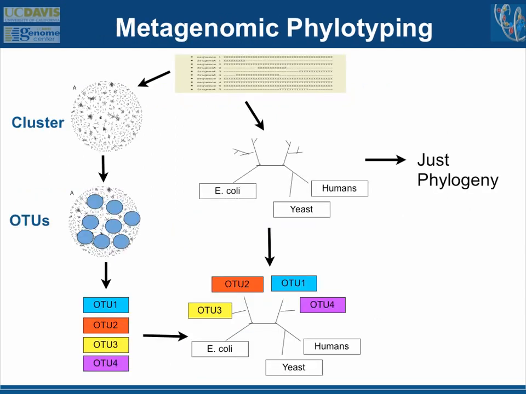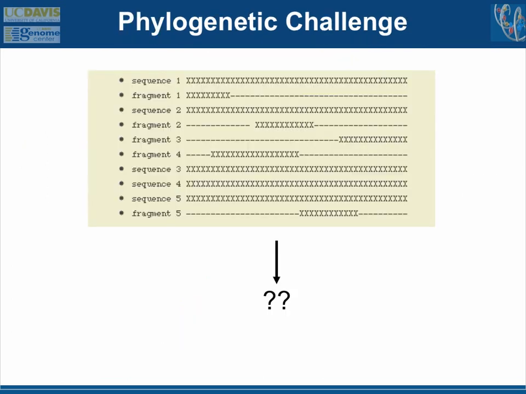And you can apply the same general approach as done for ribosomal RNA to look at the phylogenetic diversity of organisms from metagenomes. The thing I want to talk about a little bit here is why that's sort of hard with metagenomes as opposed to ribosomal RNA PCR. So the main challenge is that we get fragmentary pieces of data.